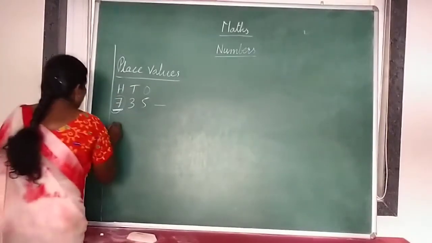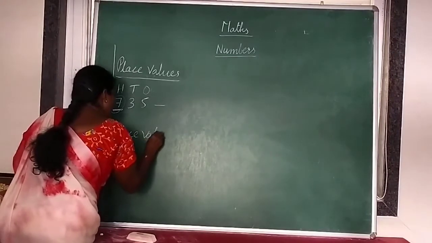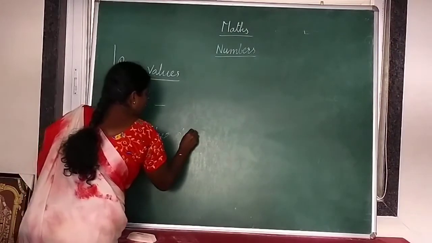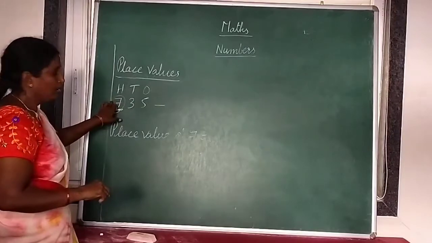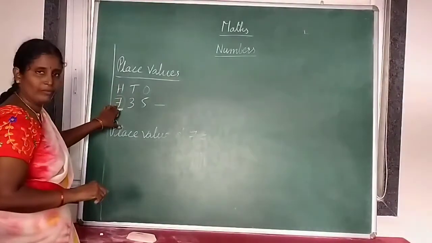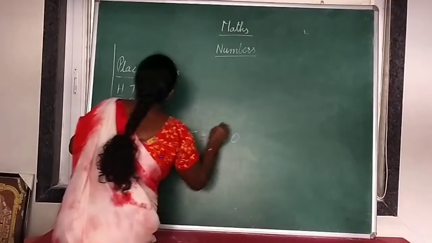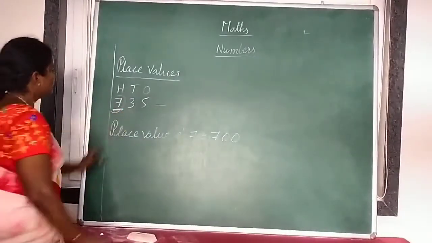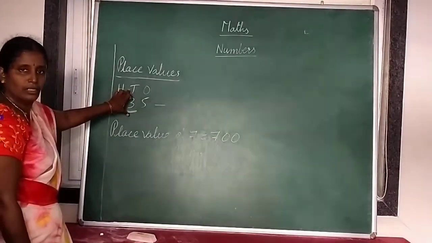So place value of 7 is 700. Yes, it is in hundreds place. So what is the place value of 7? 700. Place value of 7 is 700. Next 3. 3 in which place?